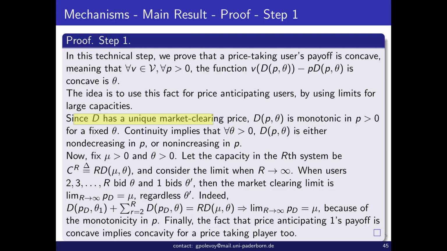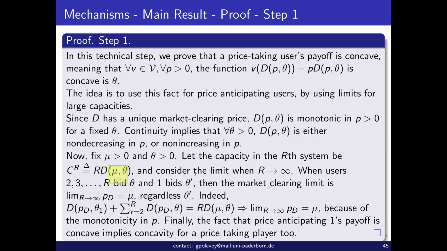Now, knowing that, fix some mu, we'll be working for price mu and some bid theta. Let the capacity in the R system, so the system of R users, be R times what D gives from mu and theta.